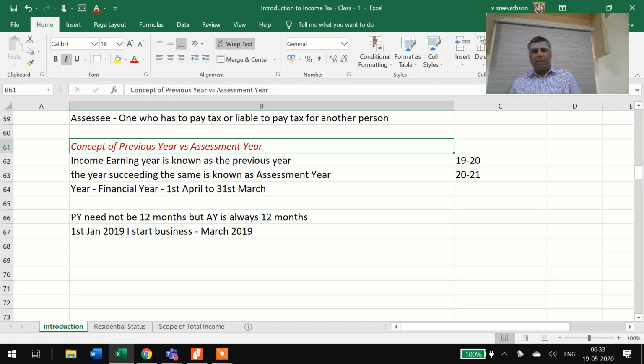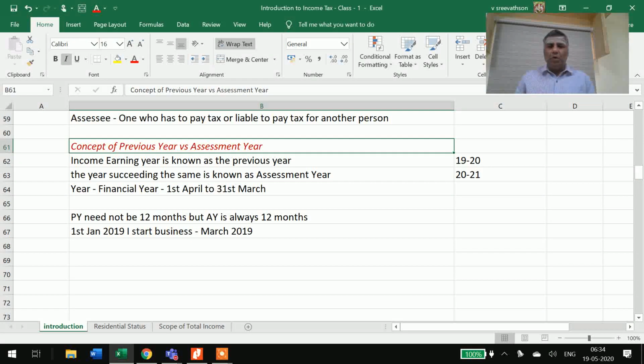That falls in the previous year 2019-20, that is, 1st October 2019 to 31st March 2020 only. Similarly, a person gets employment from 1st November 2019. His year ends on 31st March 2020, and still we call it a year because it's a concept.